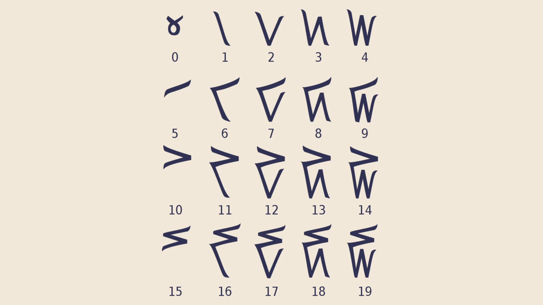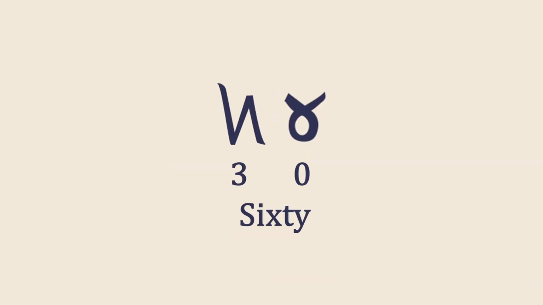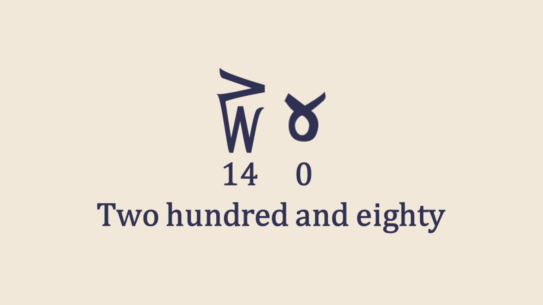Since the spoken language uses bases 5 and 20, the written form shows this, with 20 unique symbols between 0 and 19, with repeating patterns every 5 numbers. Larger numbers are shown exactly like in Arabic numerals, with zeros at the end to denote a round number, although this is scaled to base 20.